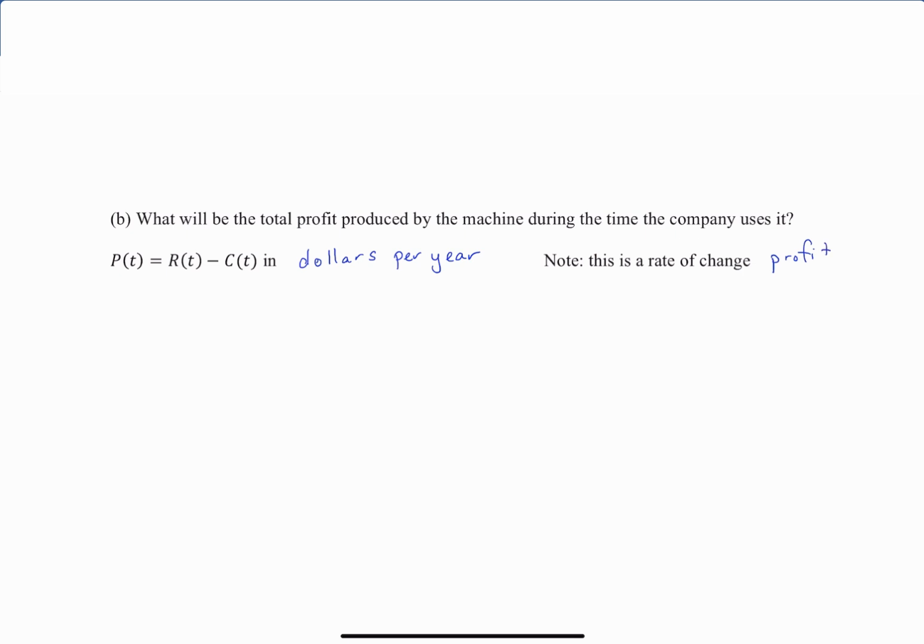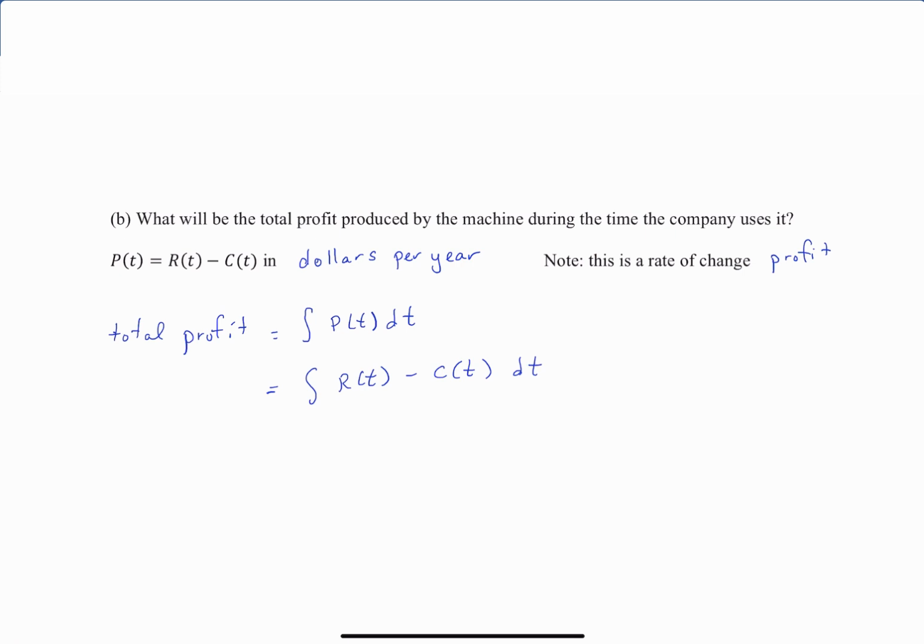Anyway, the total profit then will be the definite integral of that rate of change. And again, that's computed by going revenue in dollars per year minus cost in dollars per year.